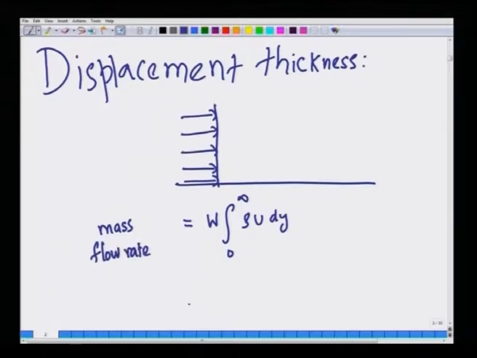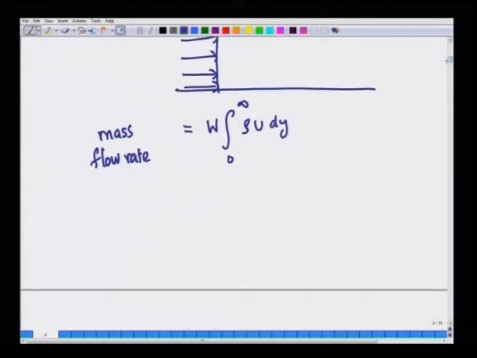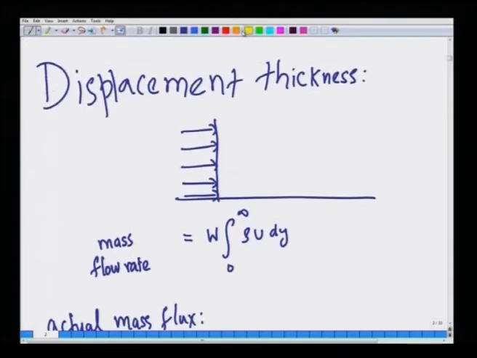Okay. Now, the actual mass flux is not the same, because if I were to draw the actual velocity profile, it is going to look like this. Okay. So, there is a region of deficit that is there in reality.